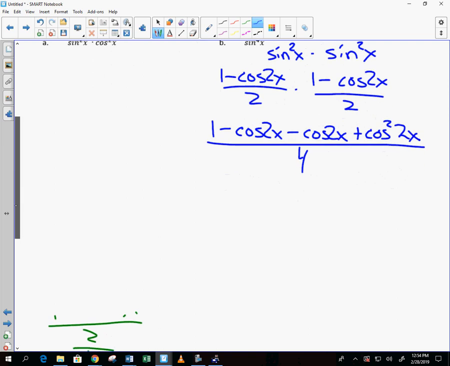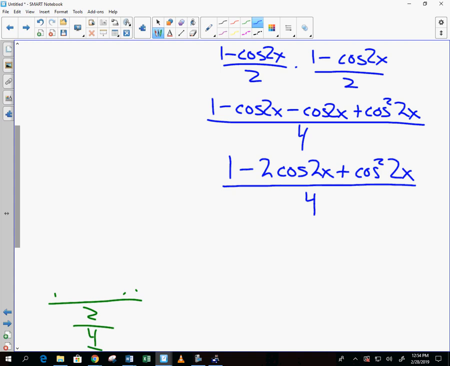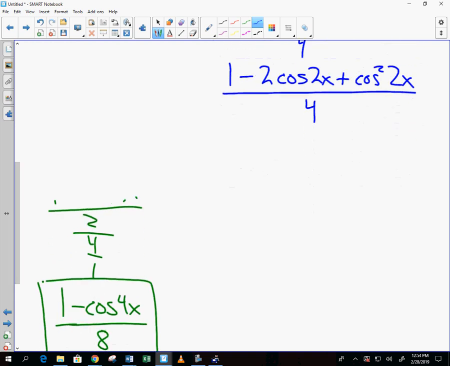So what can you combine together? Good job. You guys are rolling. 1 minus 2 cosine of 2x plus cosine squared of 2x over 4. Shoot. Cosine squared of 2x. I came up with another squared.